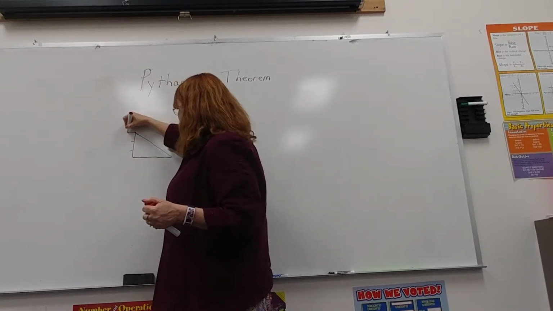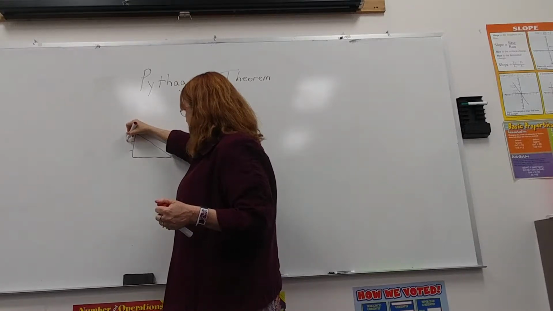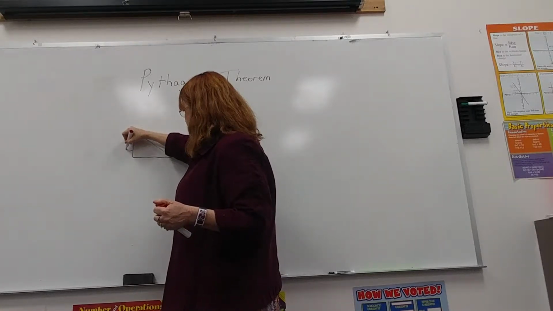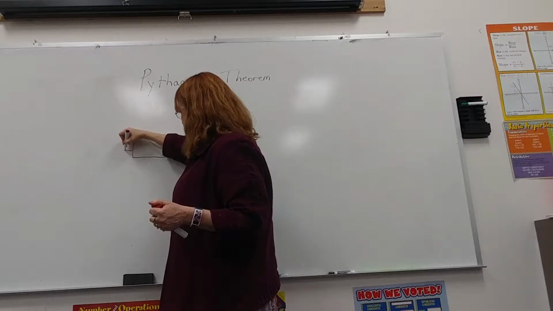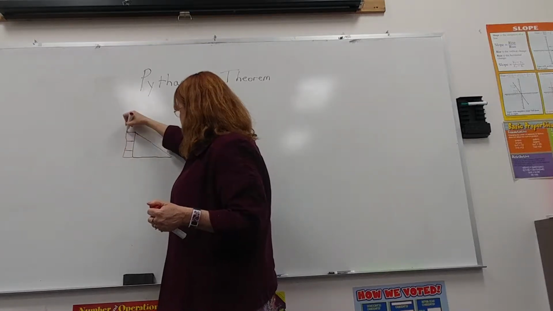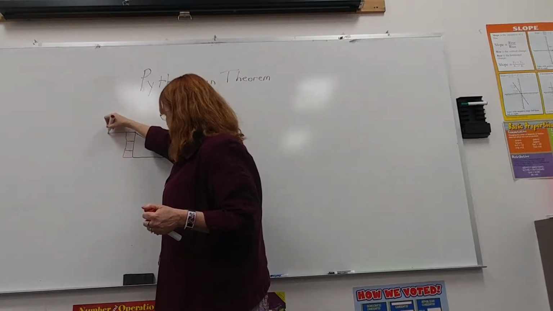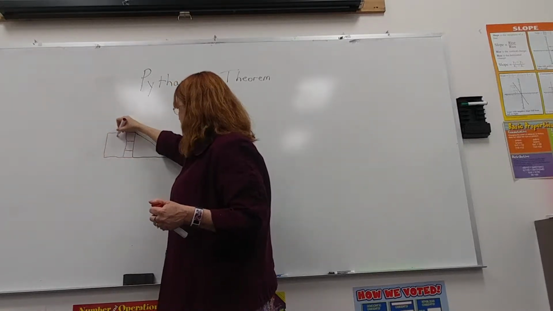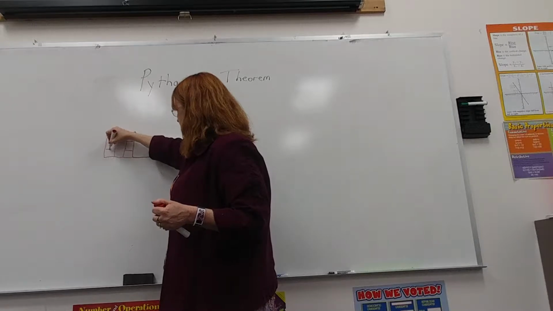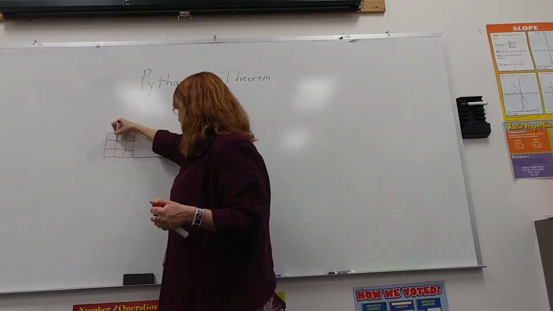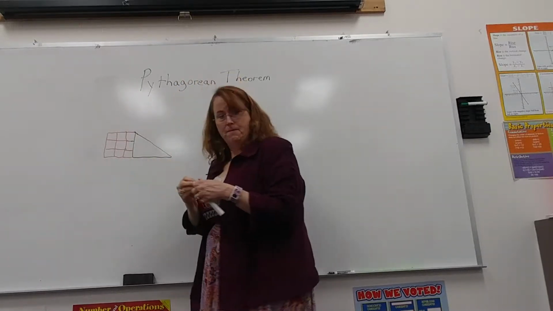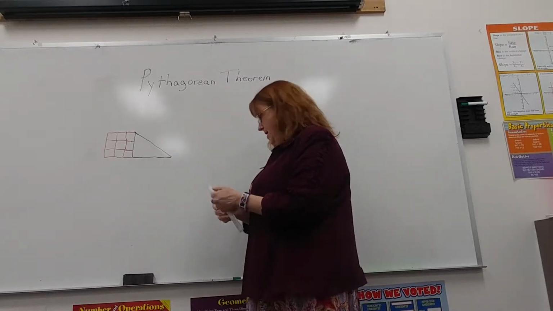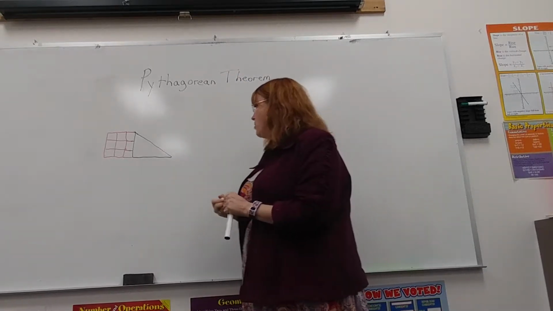So we would put boxes like this. You would put 3 on one side and 3 on the other side. And then on the bottom would be 4.